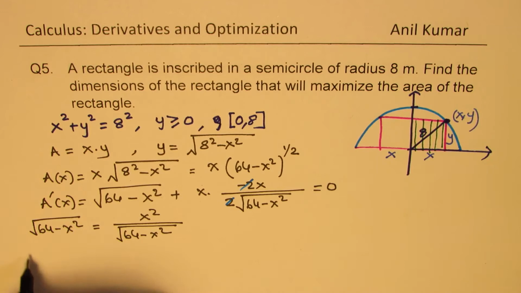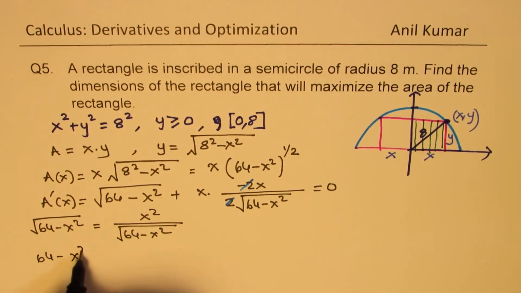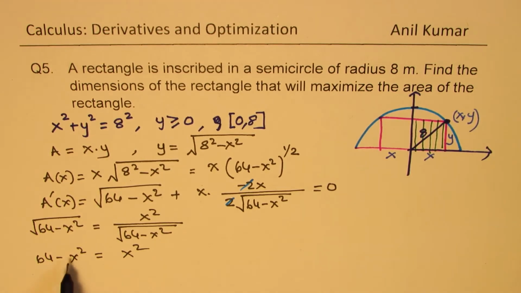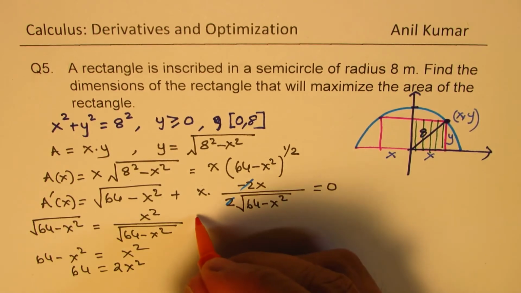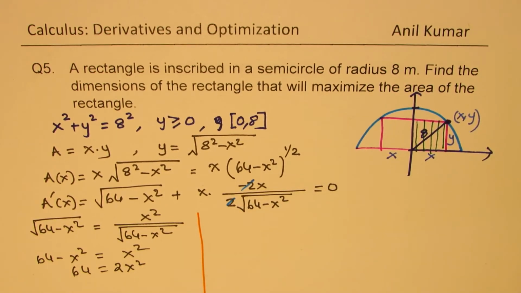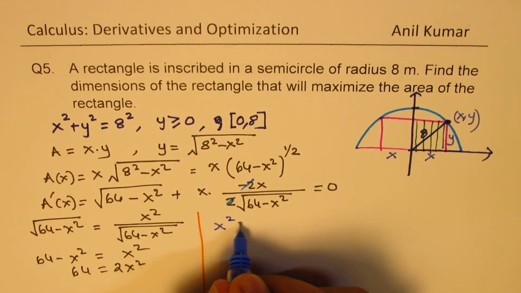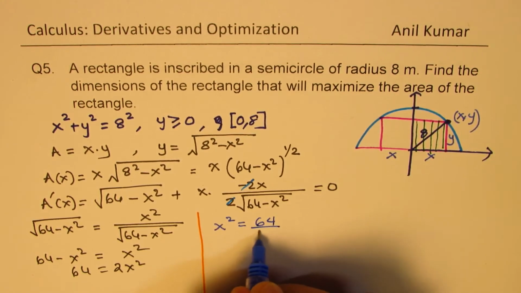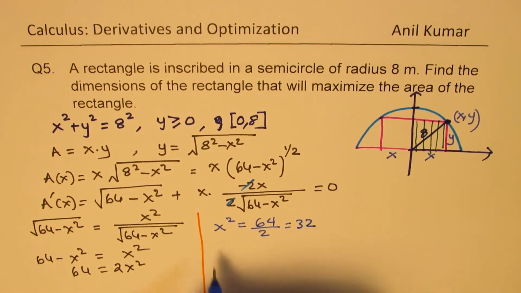Now cross multiply, so we get 64 minus x squared equals x squared. Taking this x squared over, we get 64 equals 2x squared. So we can now find the value of x from here. We get x squared equals 64 over 2, which is 32. So x is the square root of 32.